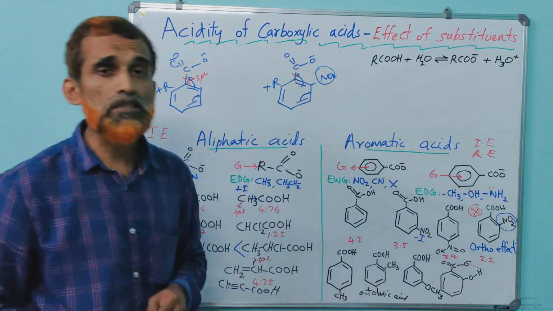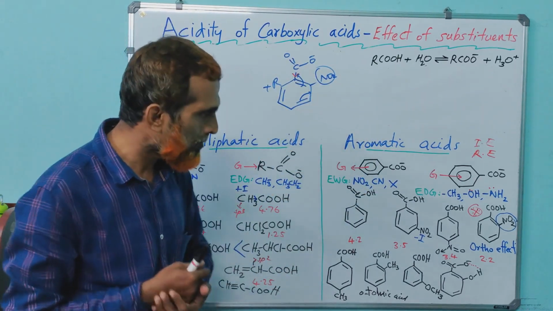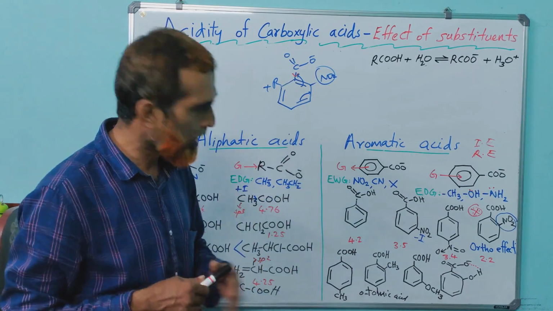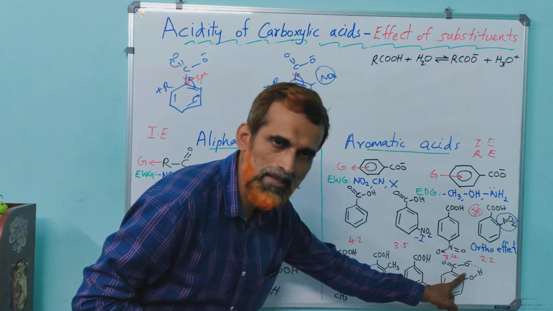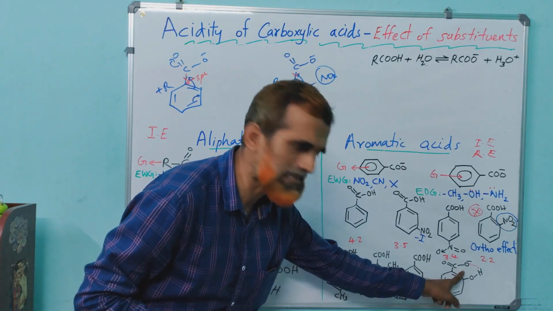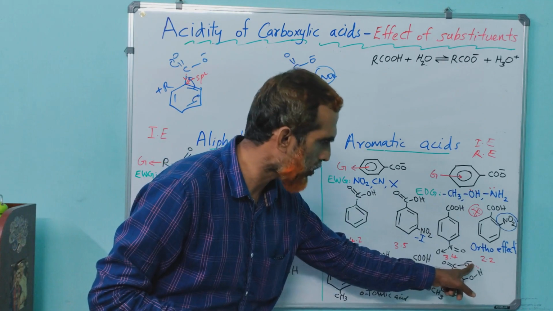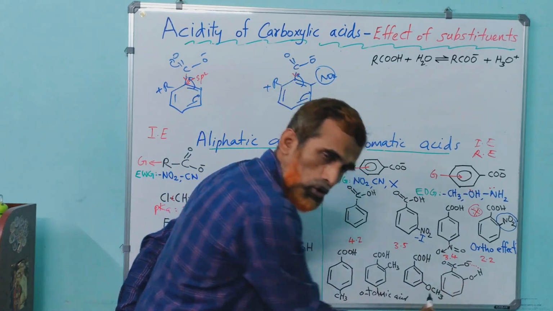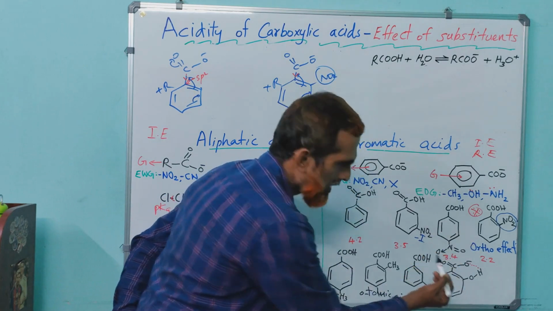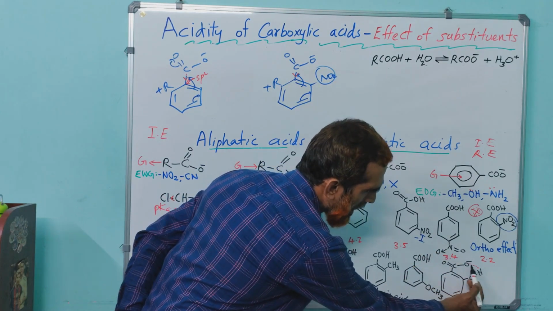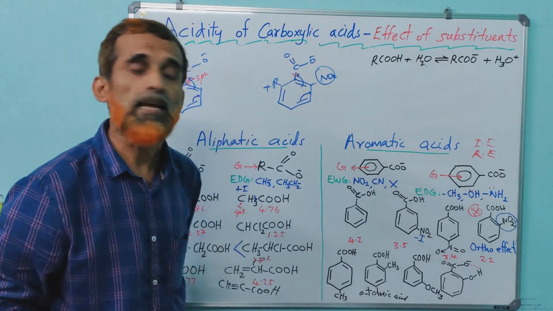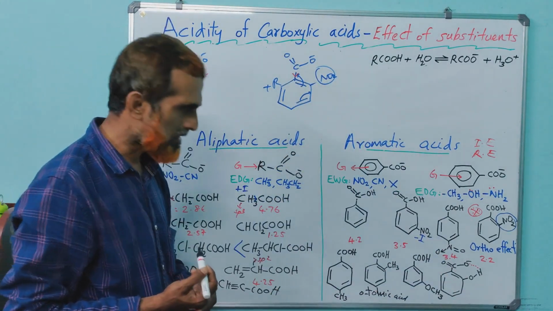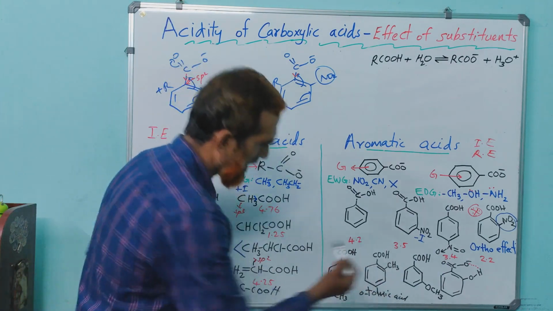And ortho effect is not just a steric factor only, it is an interplay of many other factors like resonance effect, and also sometimes hydrogen bonding. See here, this is called salicylic acid, if it is OH here, and this is salicylate ion. So this is also ortho effect. This is highly acidic, and intramolecular hydrogen bonding is also possible here, and that makes it much more acidic, right?